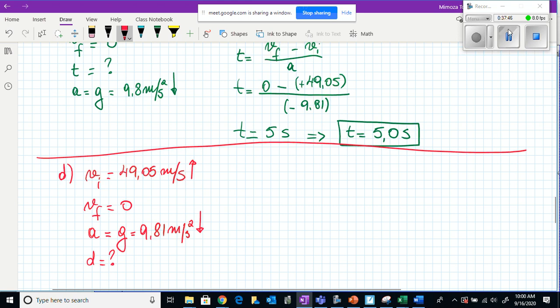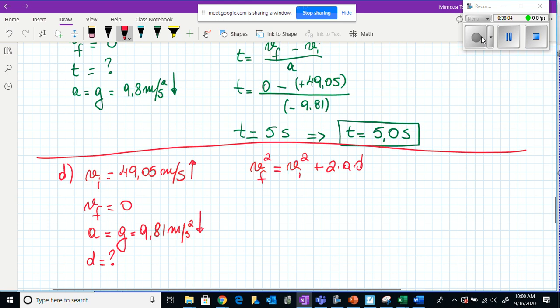So Nicole is saying equation 6, and I believe that is this one here. V final squared is equal to V initial squared plus 2 times A times D. Is it right, Nicole? Yes. Okay, good.